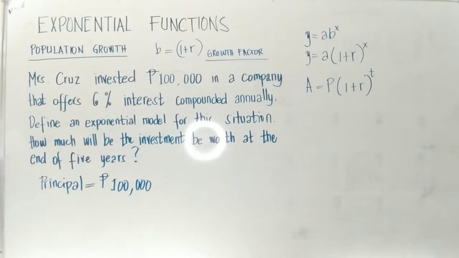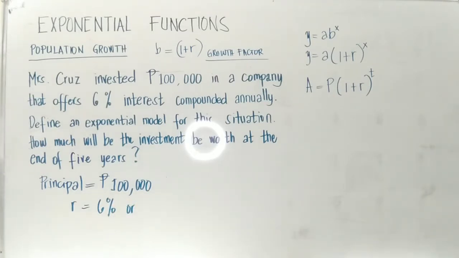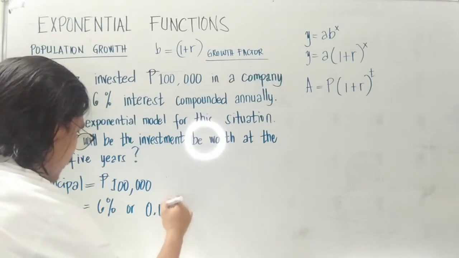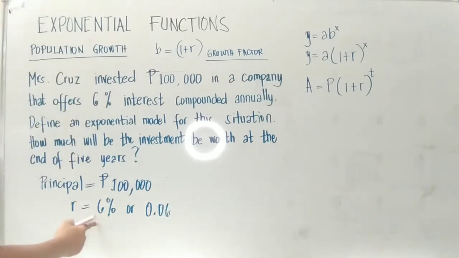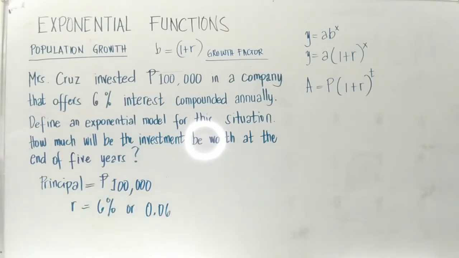Then the rate R is 6%, or we can change it to decimal as 0.06. To change 6% to decimal, just divide 6 by 100, then you get 0.06 or 6 hundredths. Okay?